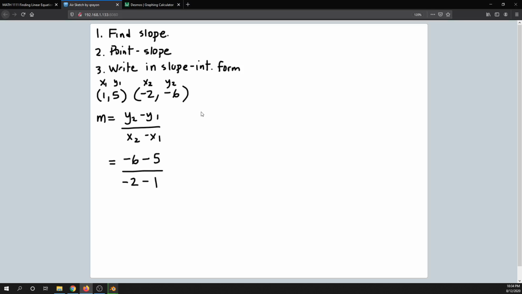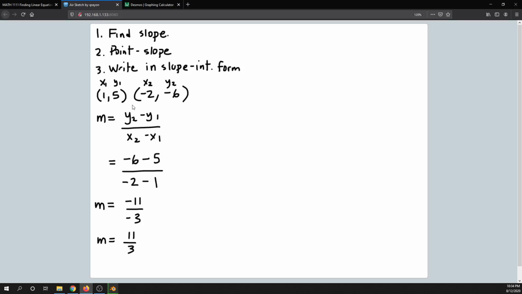Then I just simplify that. -6 minus 5 is -11. -2 minus 1 is -3. Then we have -11 divided by -3. That's going to come out to be 11/3. So that's part 1 here. We found the slope of the line that runs through these 2 points.